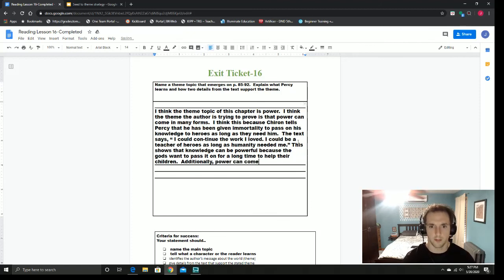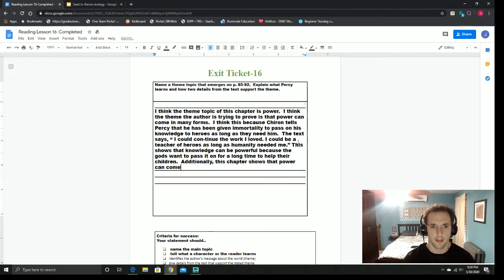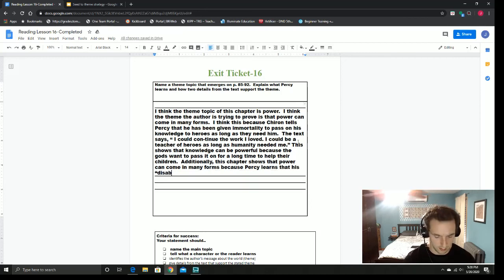this chapter shows that power can come in many forms because Percy learns that his, I'm going to put them in quotes, "disabilities," because they're not really disabilities, are actually powers that he'll need in the future.